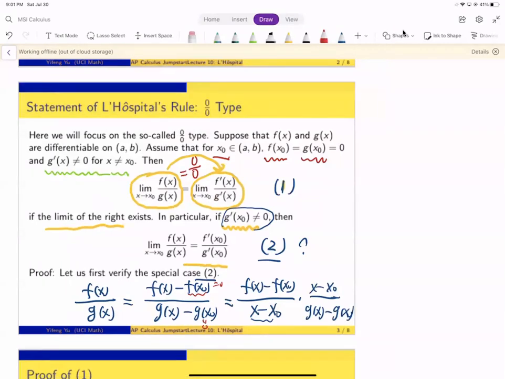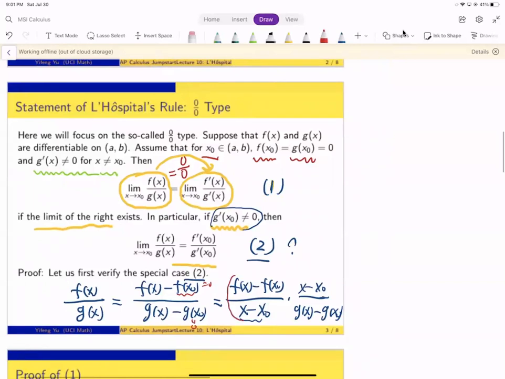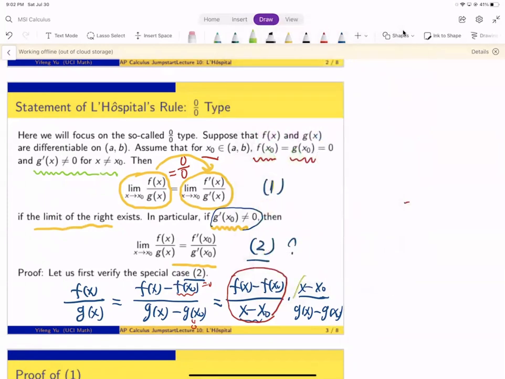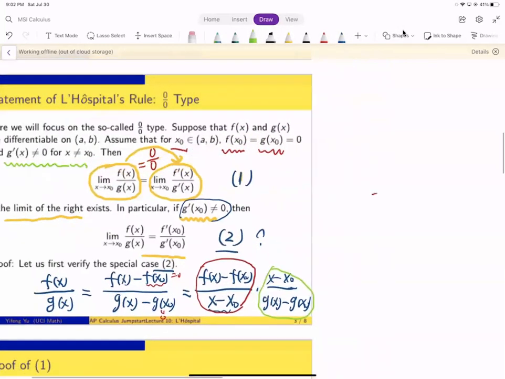Now I have two things here. We want to send x to x0. What's the limit as x goes to x0? This first one is exactly the derivative.